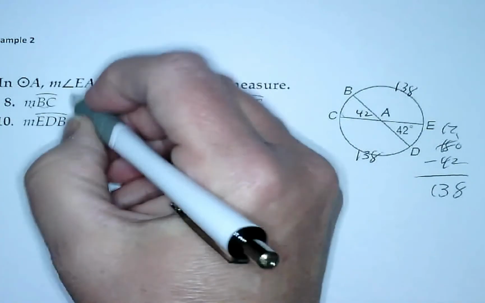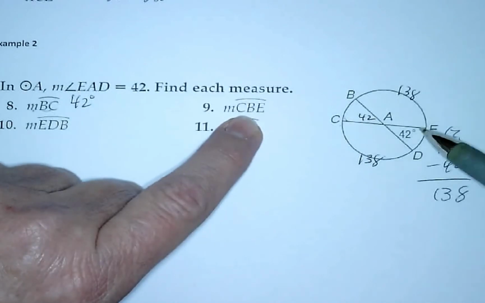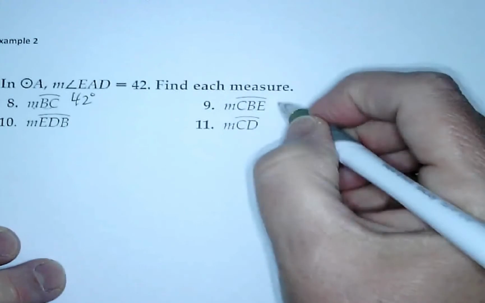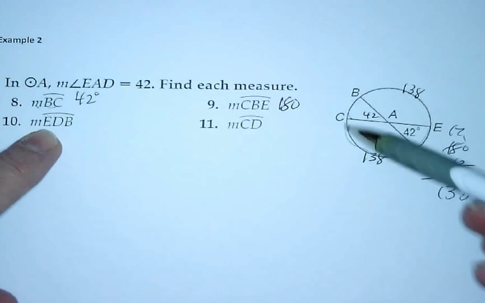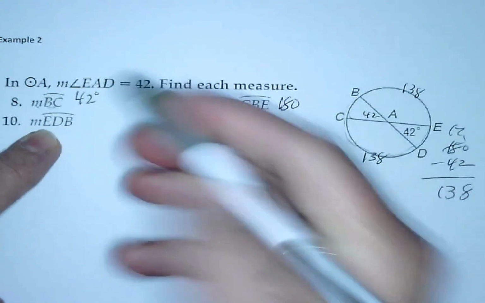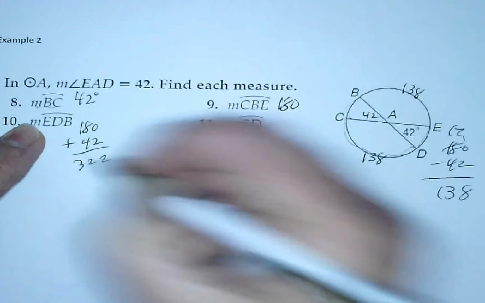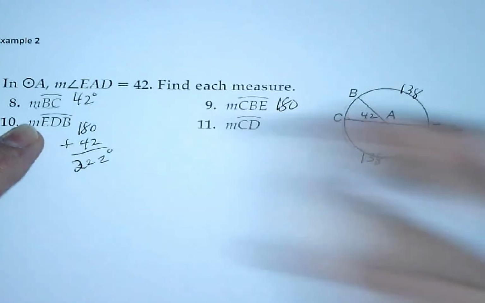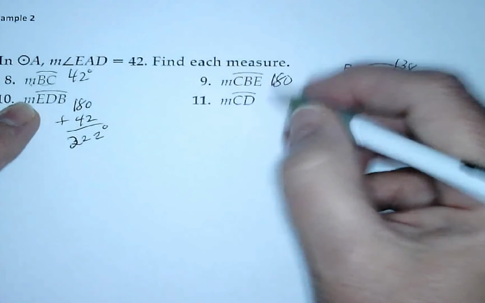That's 42 degrees. CBE, okay, that's 180 degrees. EDB, so E, go through D, there's 180 plus 42 more. 180 plus 42 more. Oop, 2. Good grief. 222. And my last one, arc CD, is 138.